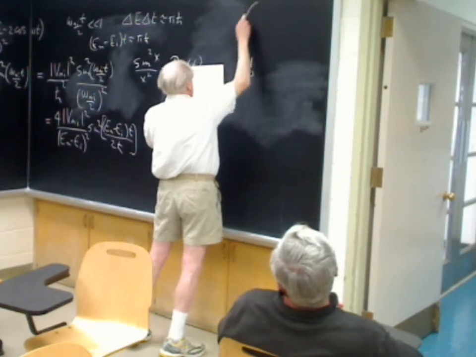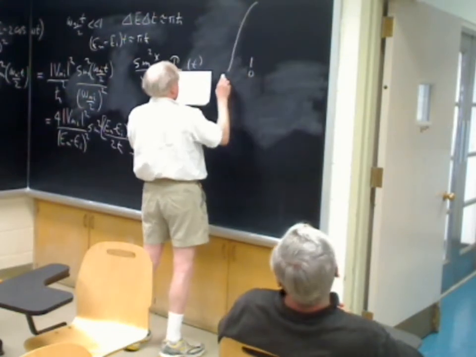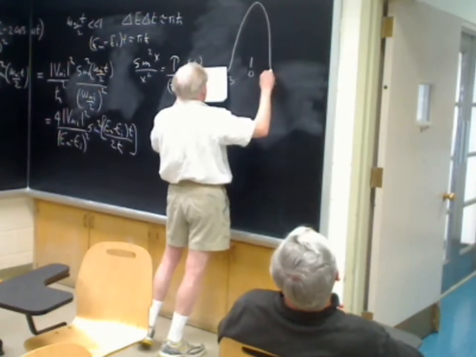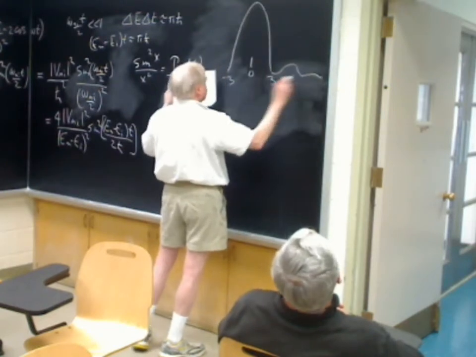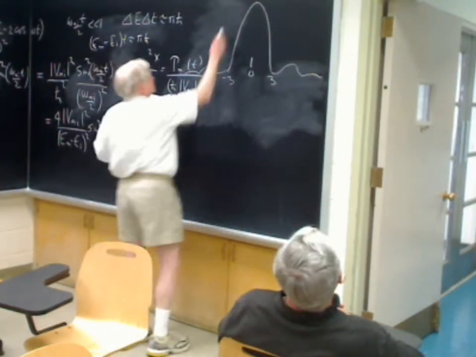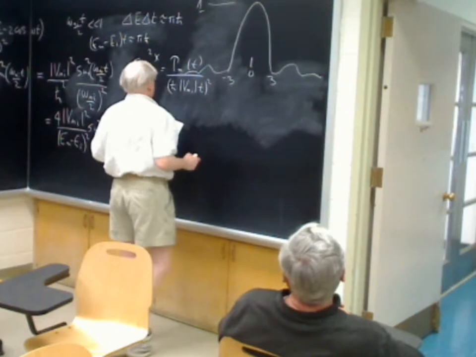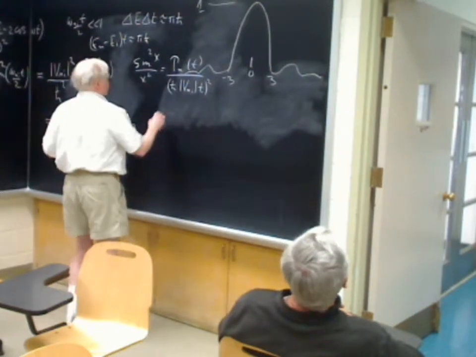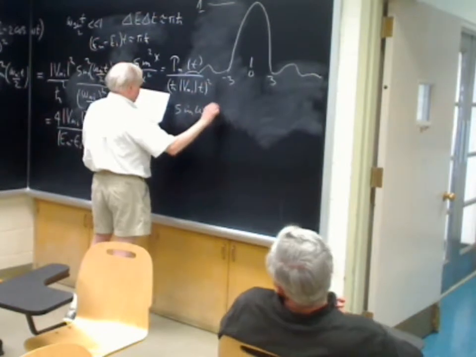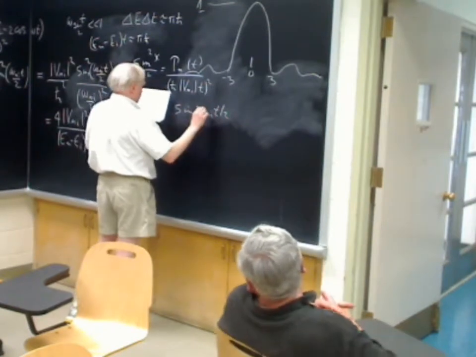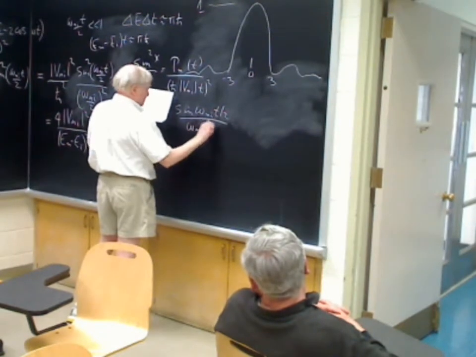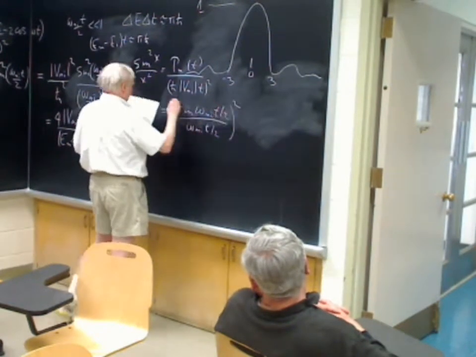Then it falls down to about here at about -3 and 3. And then there's a little bump, and then essentially nothing. So this is 1, and what we're plotting here is sine of omega_ni t over 2 divided by omega_ni t over 2, squared.